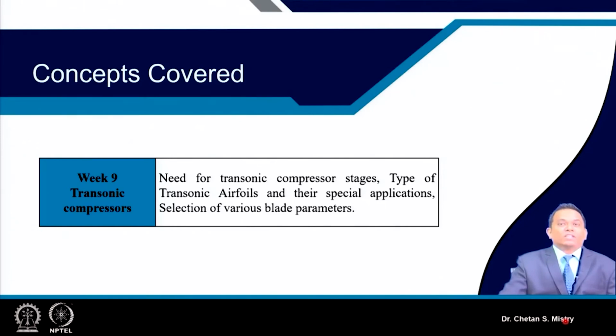We considered circular arc thickness distribution, then standard thickness distribution. Then after having all this idea, we made our aerofoils, which we will be using for our future design. This gives a brief idea about what we discussed in the last session.